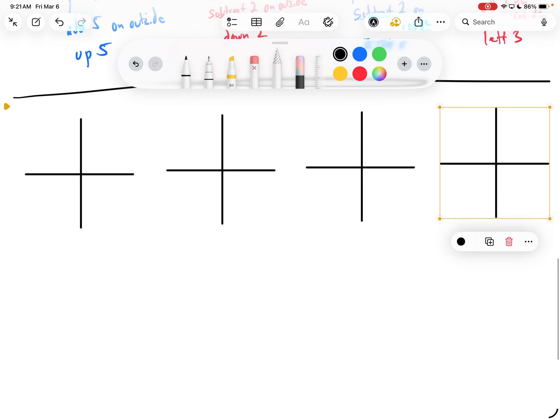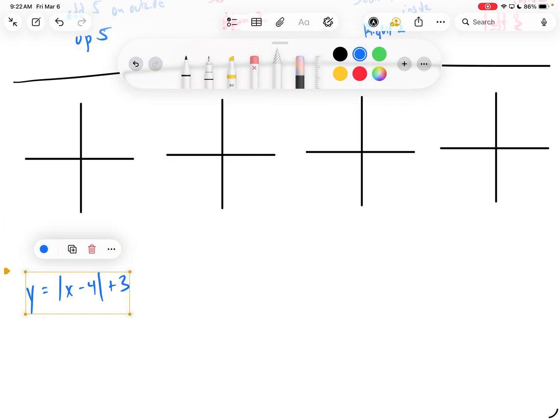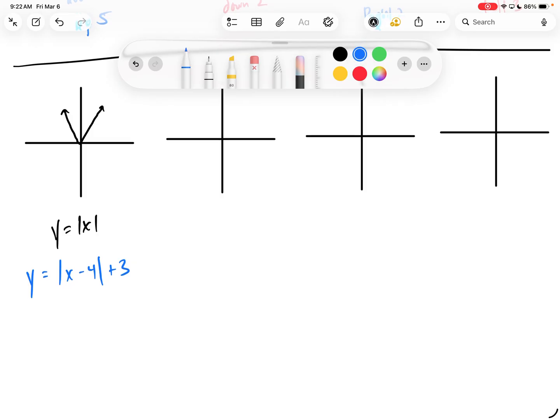All right, so just to put this together for a problem real quick so you can see the difference. I think it's nice to see the parent function on there real quick, so let me do that. So the absolute value of x is just a v, but on this one I have a minus 4 on the inside and a plus 3 on the outside.